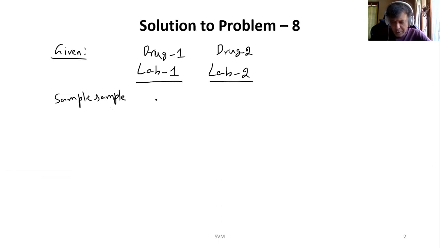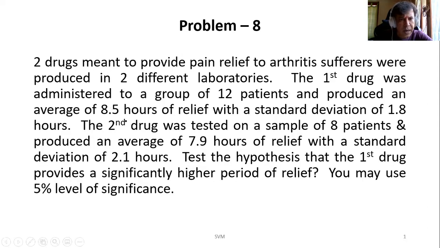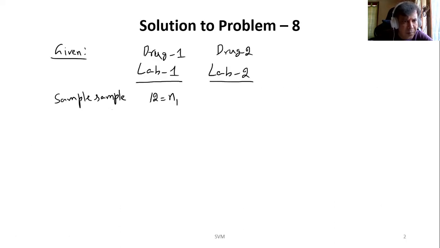Group of 12 patients it says. So n1 is 12. And it produced an average of 8.5 hours of pain relief. So the sample mean for this 12 is 8.5 hours, which is x1 bar. This is in hours.